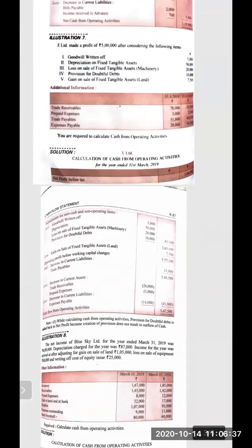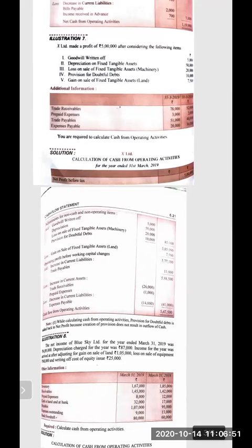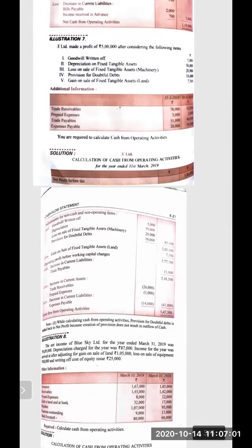Goodwill written off, that is amortization of intangible assets, depreciation on fixed tangible assets, loss on sale of fixed tangible assets, provision for doubtful debts, gain on sale of fixed tangible assets, that is land. The additional information that is related to our current assets and current liabilities is given to us. You are required to calculate the cash from operating activity.